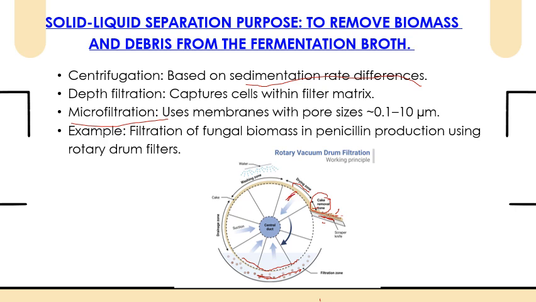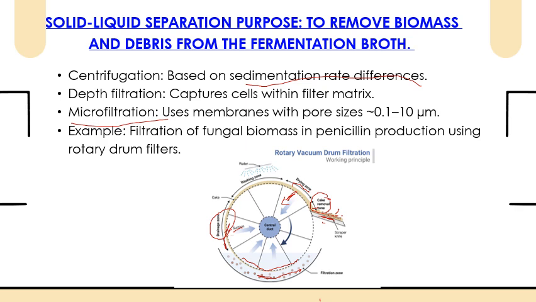So the air will be sucked to the center. We have the discharge zone. You can see the discharge zone here, where the scraper or blade, with an air jet, removes the cake from the drum surface.